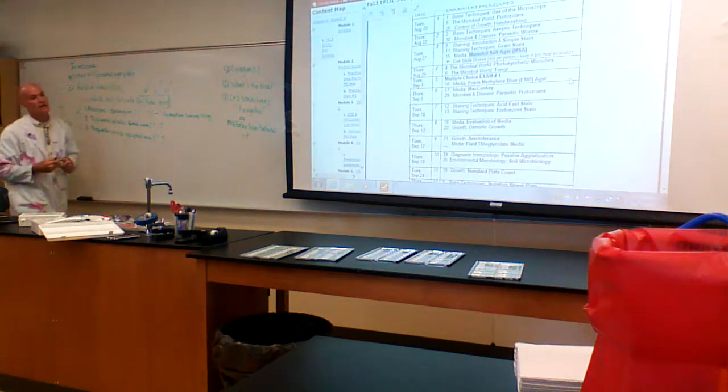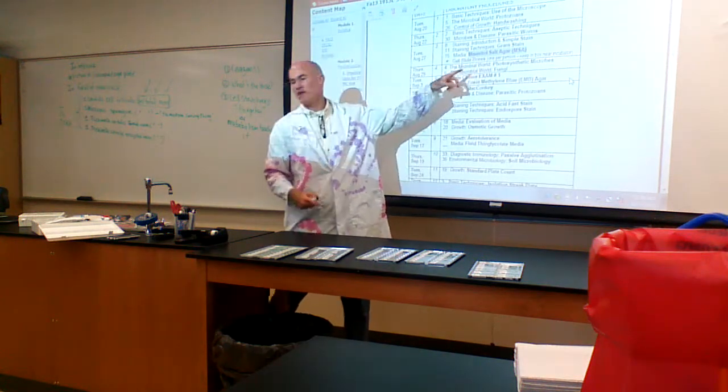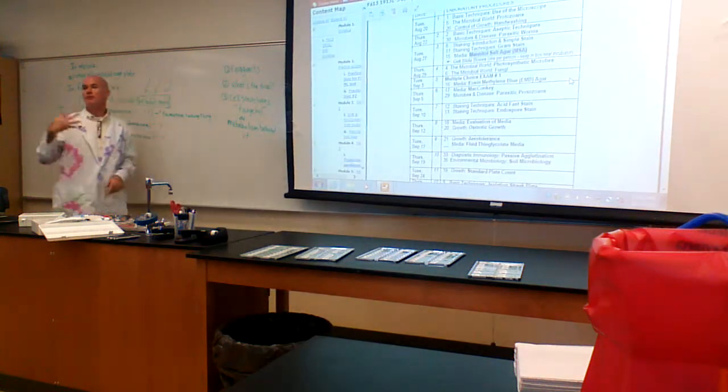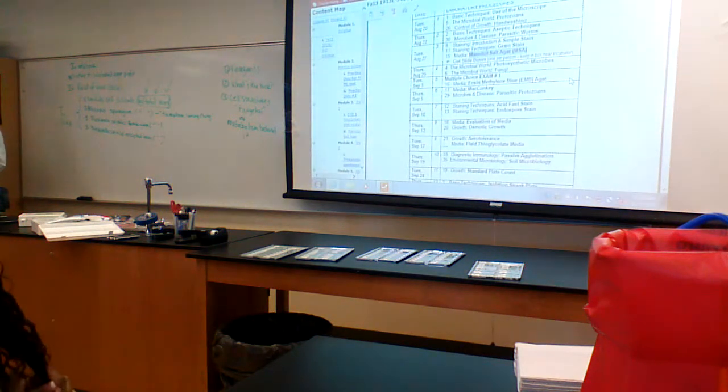An MSA plate, the mannitol: what metabolism happens on a mannitol salt agar plate that is the trick? What does it do, what's the verb used? Metabolize. You can be a little more sophisticated than metabolize. Ferment. Right, ferments. That's as deep as I can go on that.